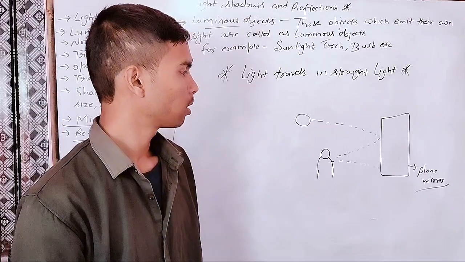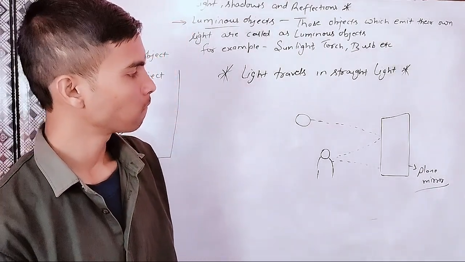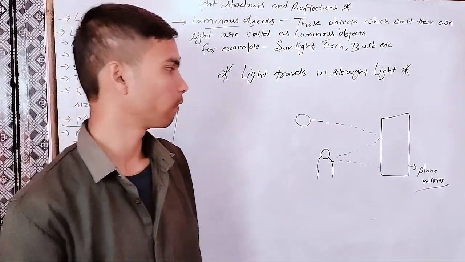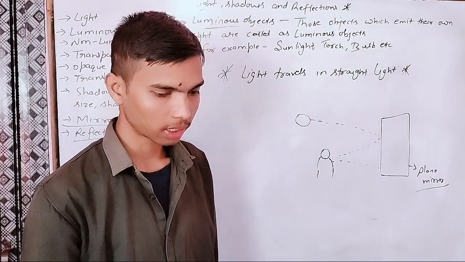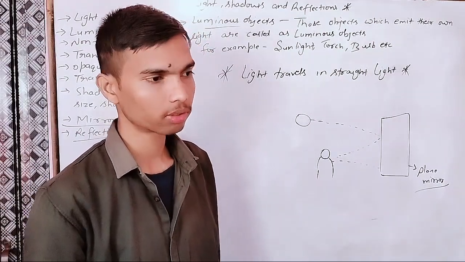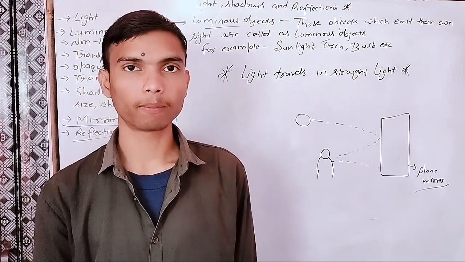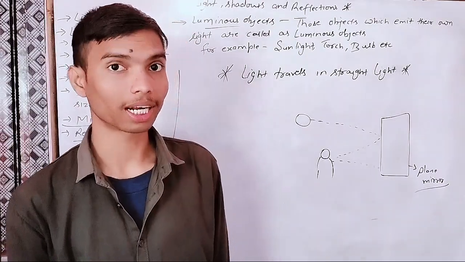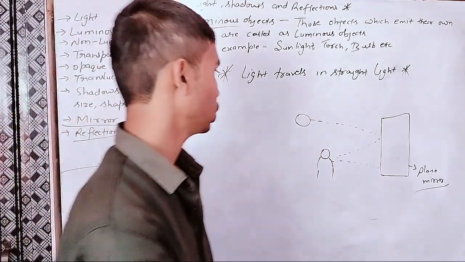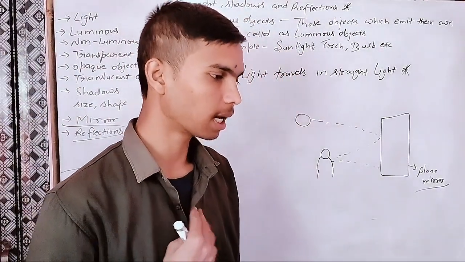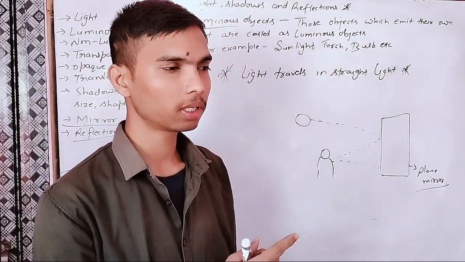Clear? Now we are going to understand a little bit of information regarding the plane mirror, regarding the original object. So here we see our image inside the plane mirror.